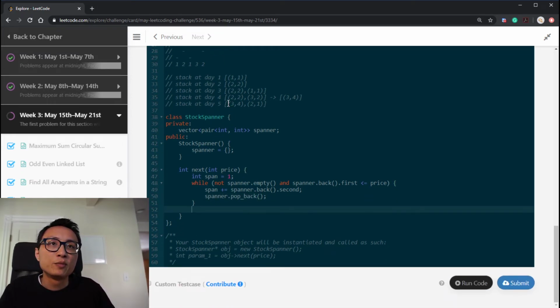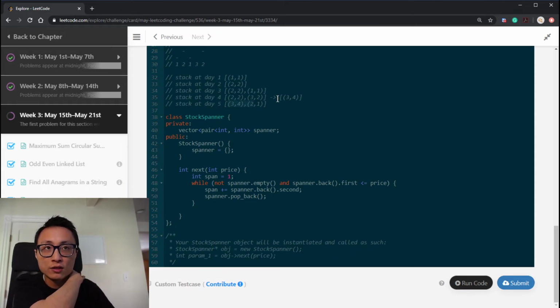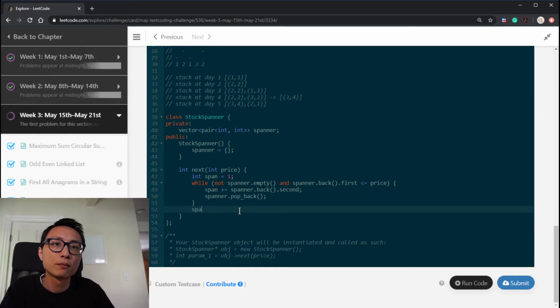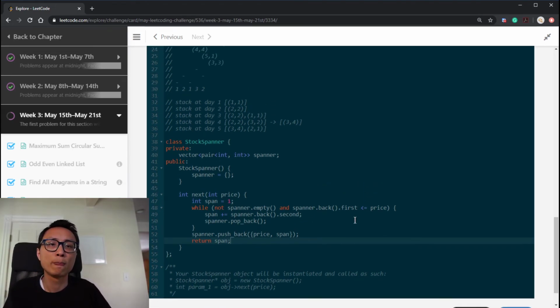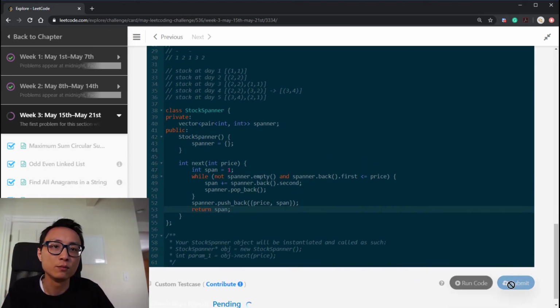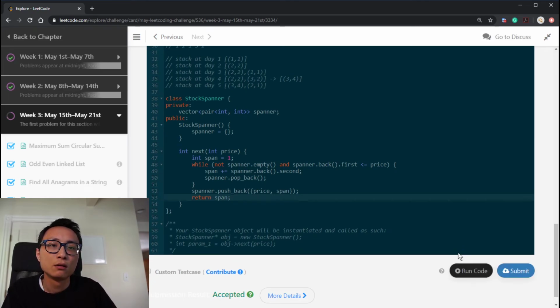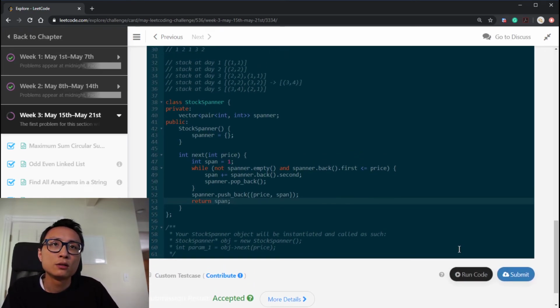After this compression, we can put the consolidated span information onto the stack: current price and the current span. So that's the code. Let's submit this. Yeah, it's working.